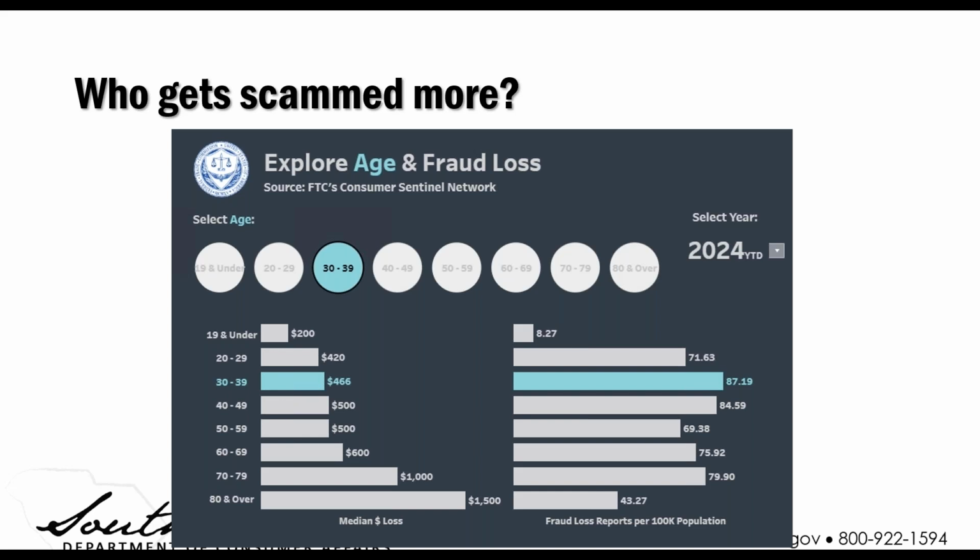So that's where some of that idea comes from, that older folks are victims more. But as people do get older, they are losing a good deal more. Those people in their 80s who fall victim to scams are losing 3 times the money of somebody in their 30s. So, $1,500 compared to that $466 there. Just something to keep in mind.